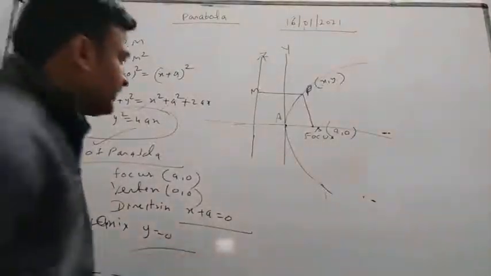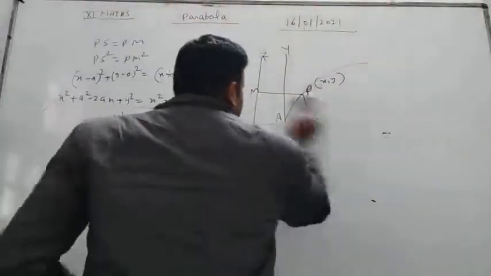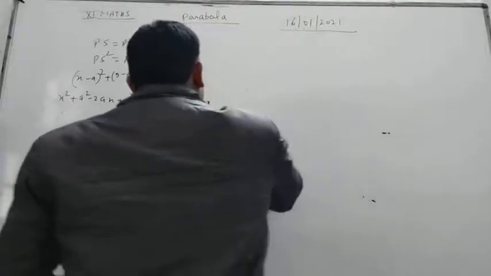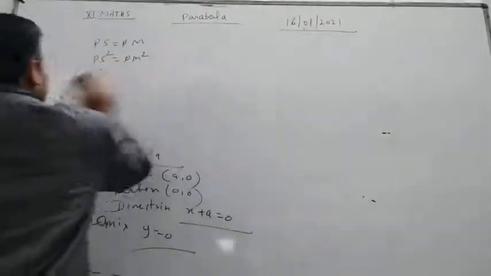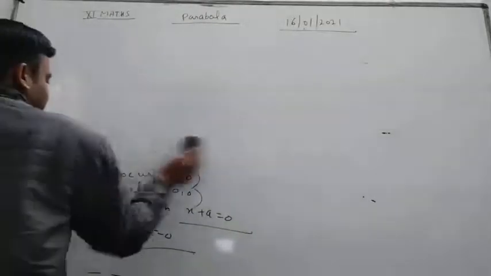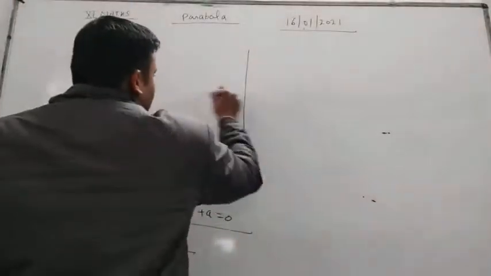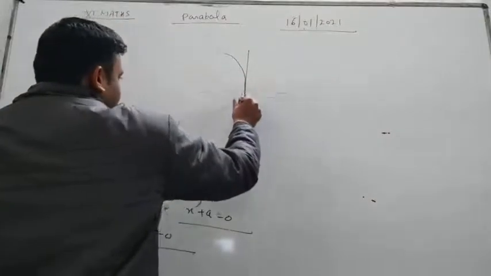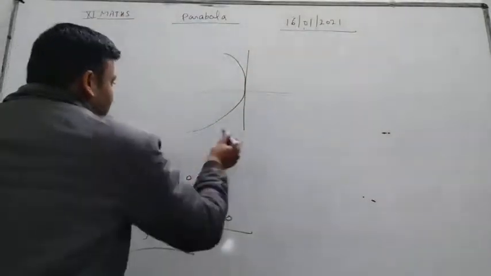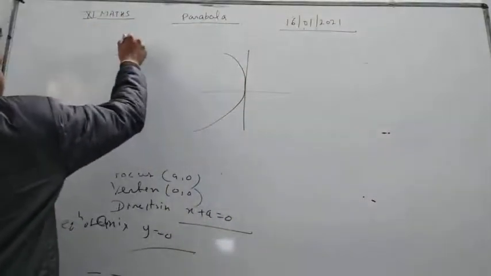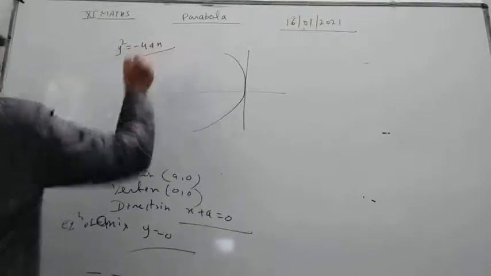Now when we make this parabola to the left hand side of the x-axis, so it will be what? When our parabola is like this, then our equation of parabola is y square is equal to minus 4ax.